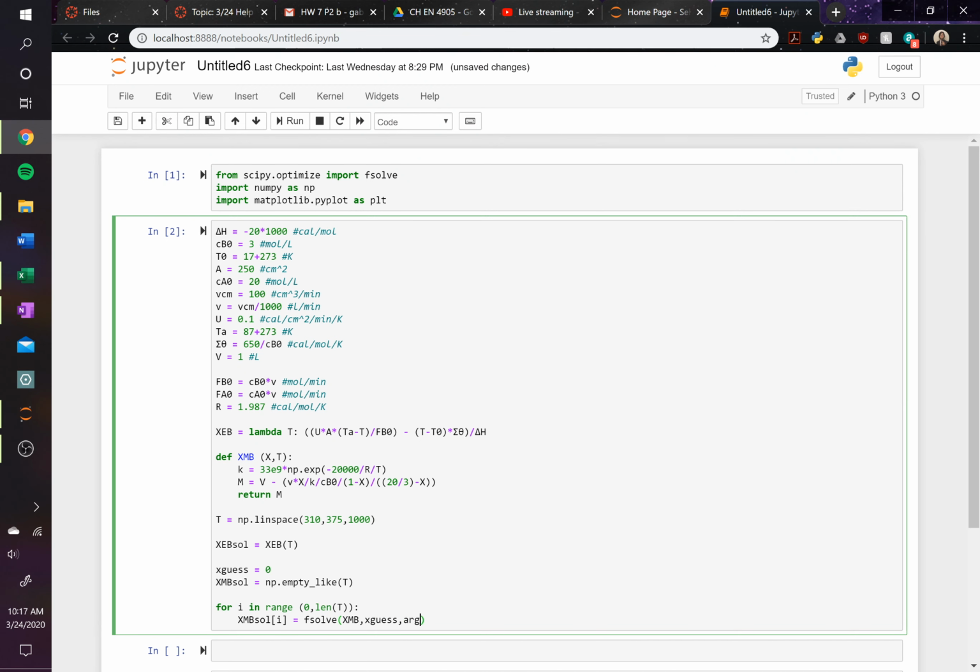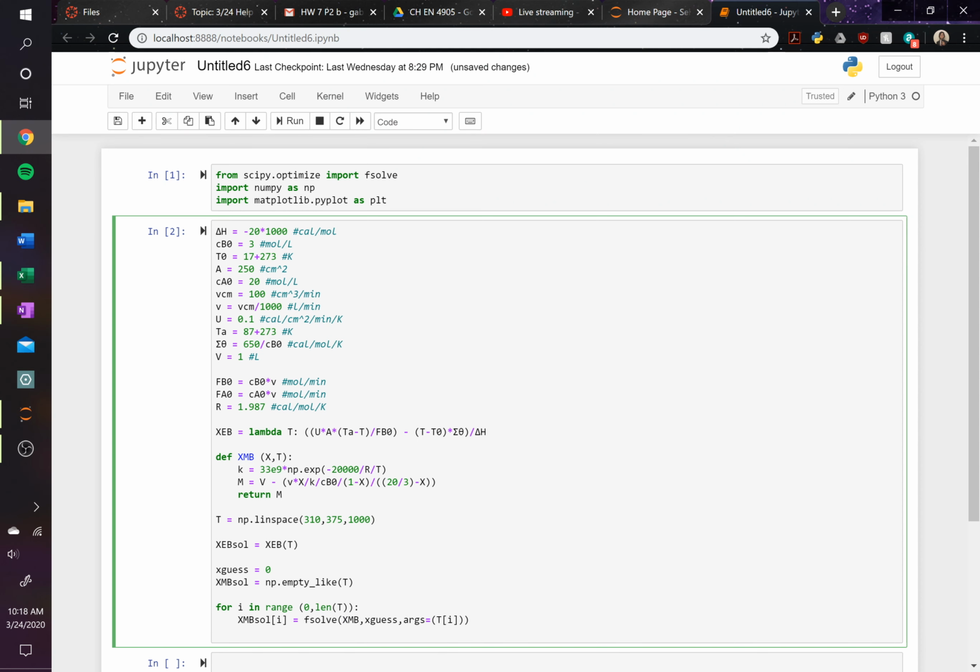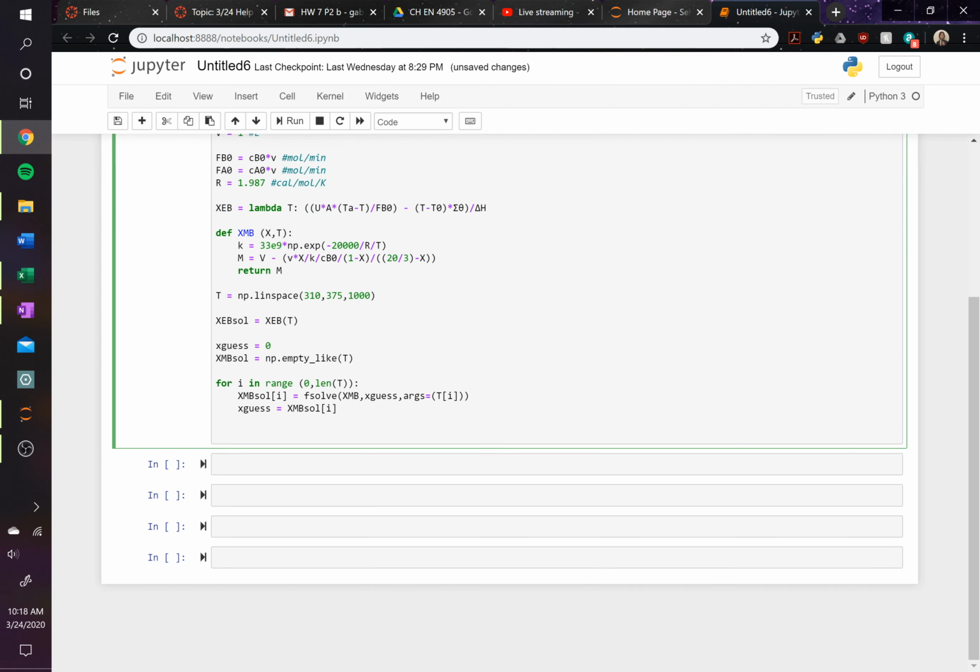And since we have a second input, we have to do this little args thing. Make sure I get the nomenclature right. It basically tells it that this other input is a known variable, and this is what I want it to be. And then we're going to reset the guess, so our last answer will be the next guess. All right. And if I did this right, it should plot.